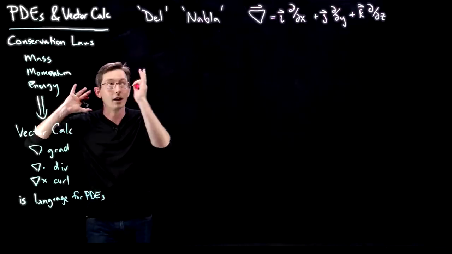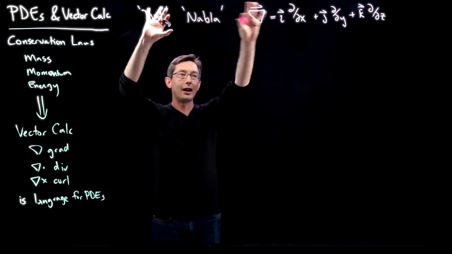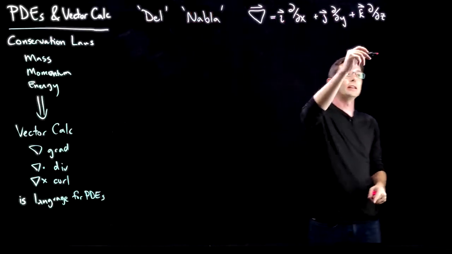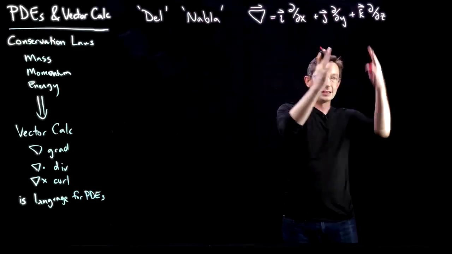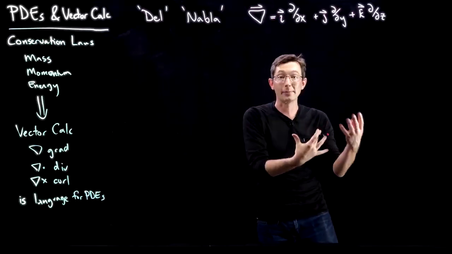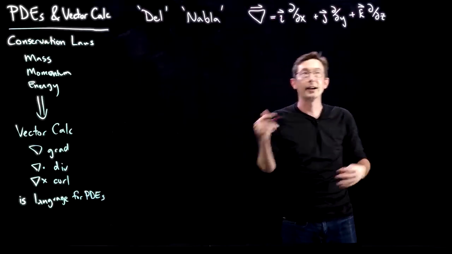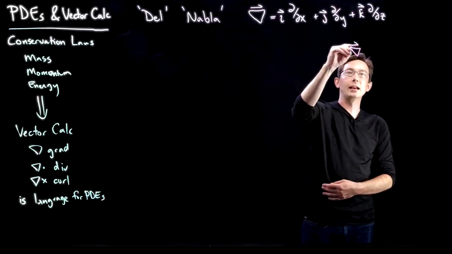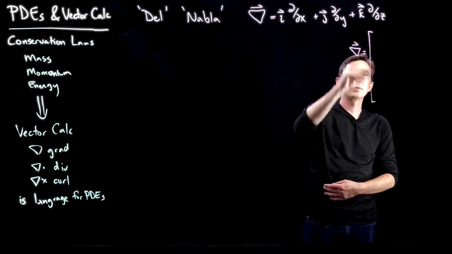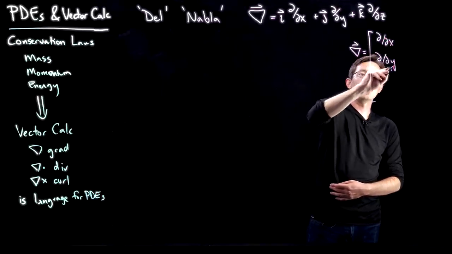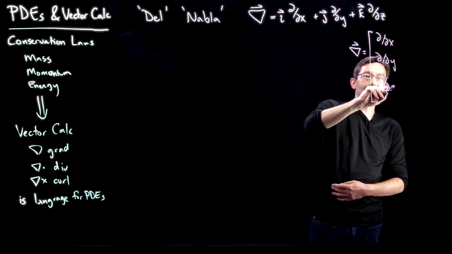So this is the del or nabla operator. Another way to write it is as a vector, and then we can take the dot product or the cross product of that vector with other vectors. So this could equally be written as del equals the vector partial x, partial y, partial z.